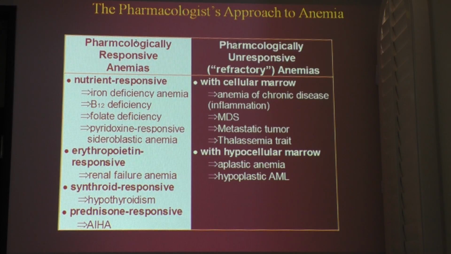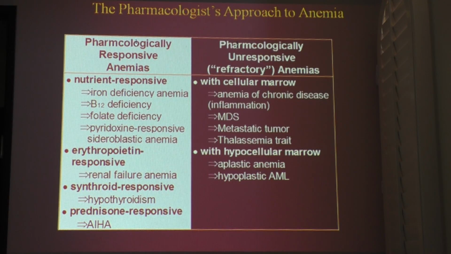And there are 2 other types of iron. One is called ferumoxytol, or Feraheme, and that's probably the most commonly used in the inpatient setting. And there's another one called Venofer.